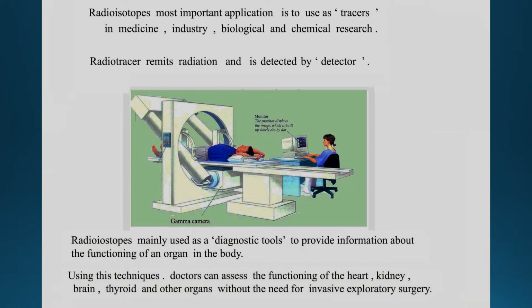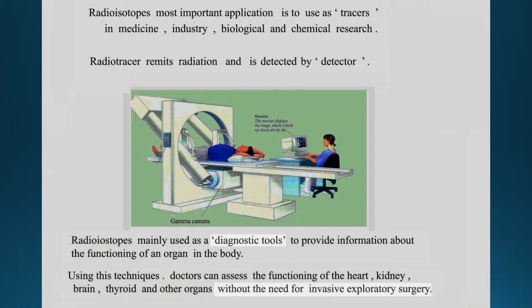Radioactive isotopes have important applications. They are used as tracers in the medical industry and in biological and chemical research. This radiotracer gives off radiation and is detected by a detector, like in the hospital, by a gamma camera.